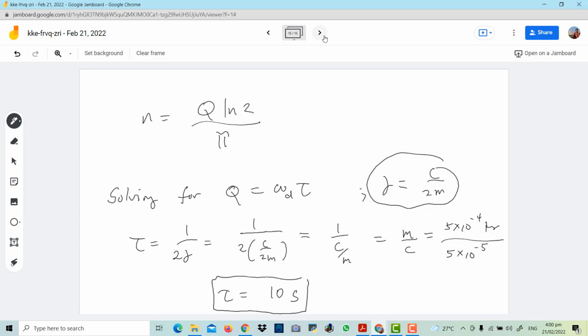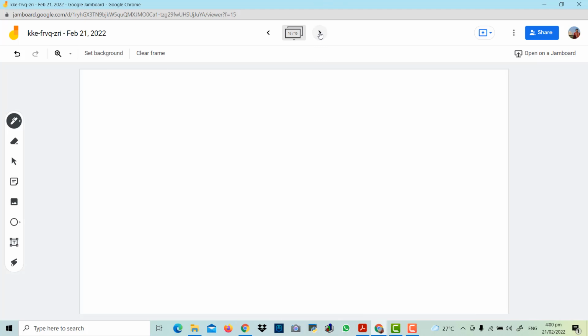And omega d is just equal to the square root of omega square minus gamma square, which is just equal to the square root of 100 minus 0.0025.